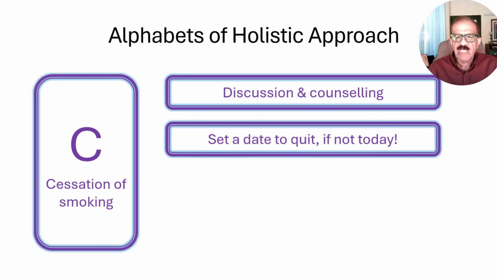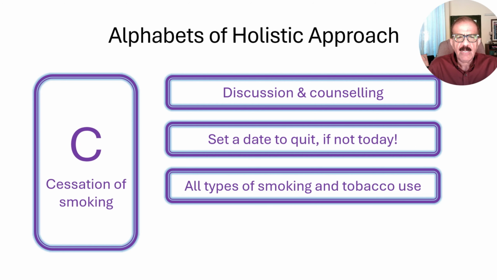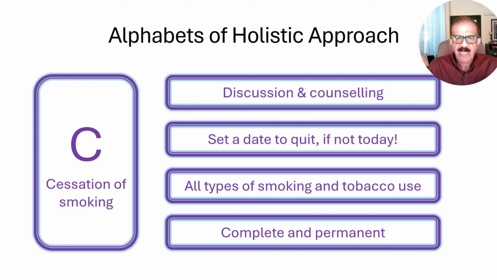And if patient is convinced, then I think patient may decide to quit at the same time. But of course, if patient does not make up his mind, then he or she should be encouraged to set a date when they're going to try it. It should be complete cessation of all types of tobaccos and vaping, and it should be permanent to have full benefits.